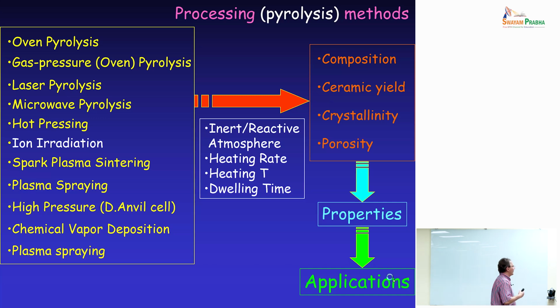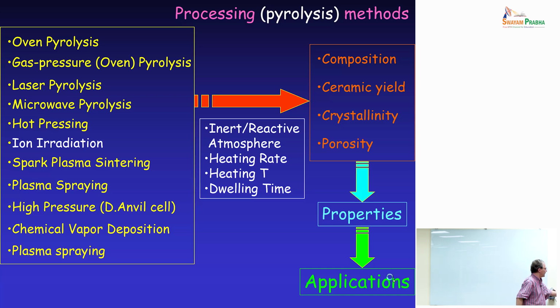You can use a pressurized system. You can use microwave pyrolysis, and you can use warm pressing. It's written hot, but it is actually warm pressing, so 150 degrees, for instance. Ion irradiation works only for coatings. You can use all these technologies here.